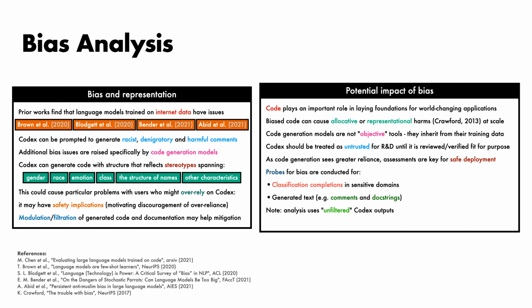One extra note here is that the analysis conducted uses unfiltered Codex outputs. As a consequence, the unfiltered results may not be representative of deployments of code generation models that use mitigation strategies such as output filtering or alignment techniques.